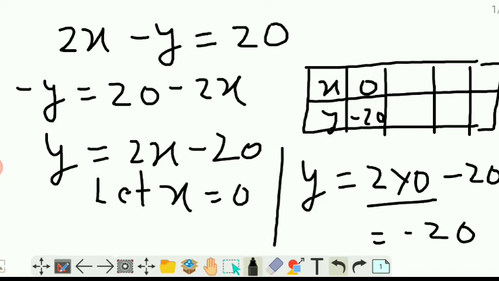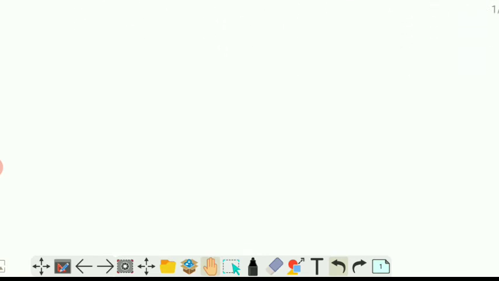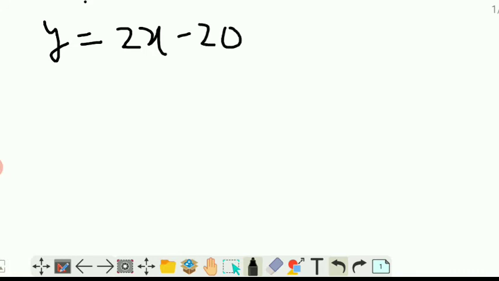Now let's see the second one. The equation was y is equal to 2x minus 20. Suppose I take x equal to 4.